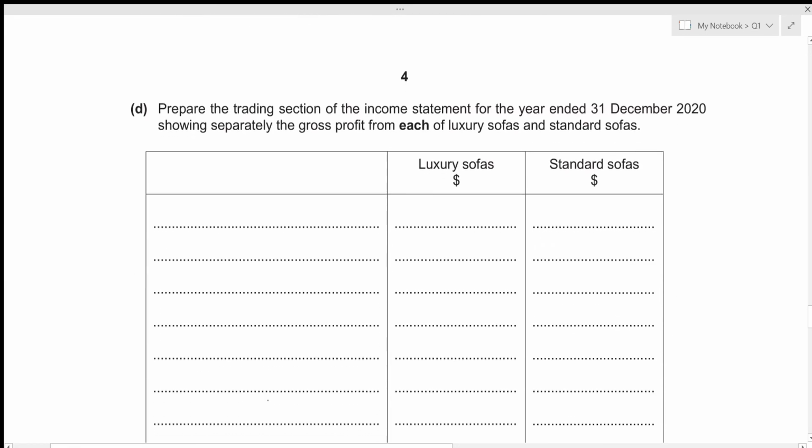We need to prepare the trading section of the income statement for the year ended 31st December 2020, showing separately the gross profit from each of luxury sofas and standard sofas. Alright, so the trading section of the income statement just refers to the part up to gross profit, and we know that we always start our income statement with the revenue. So let's write it down. Let's look for the revenue of luxury sofas and standard sofas in the above information.